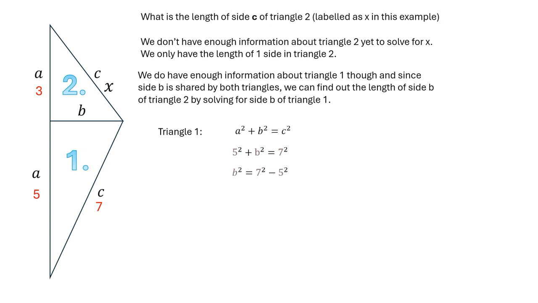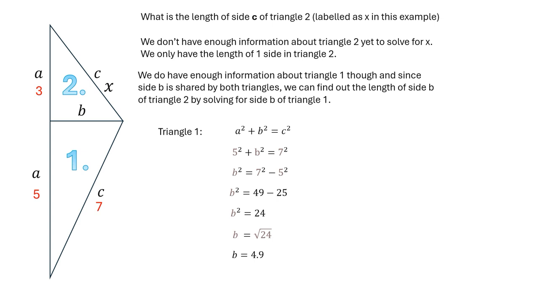Isolating the B squared on one side, we get B squared equals 7 squared minus 5 squared, which gives us B squared equals 49 minus 25. B squared equals 24. Therefore, B equals the square root of 24, which happens to be 4.9.